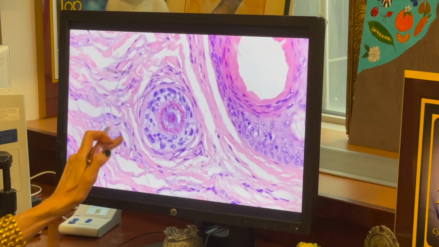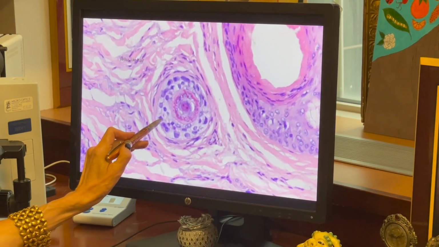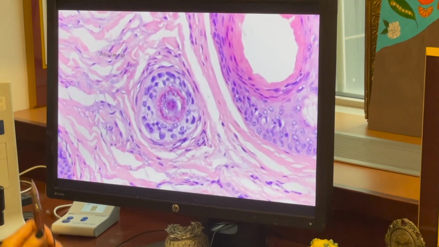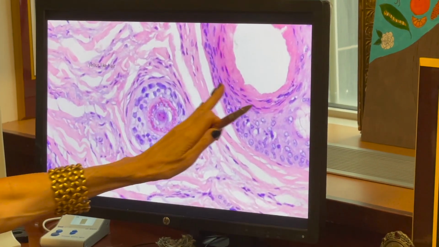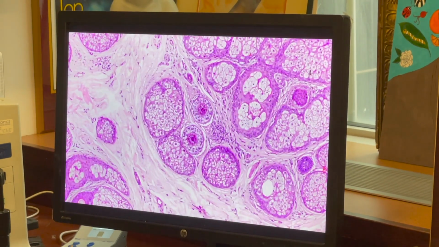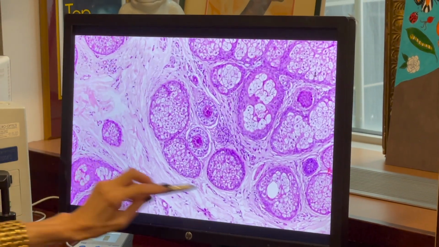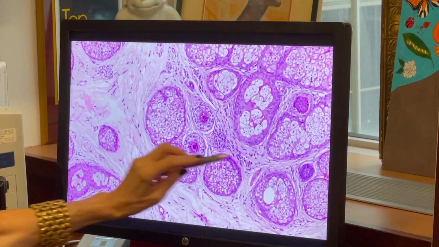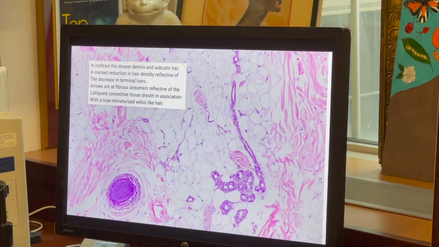And this, again, is your vellus type hair, which is ultimately the basis of androgenetic alopecia, an increased number of these miniaturized hairs that are derived from the terminal hairs, reflective of the reduction in hair cycle. And this is a hair follicular unit, which here is composed of 4 hairs, and all 4 hairs are small vellus type hairs.